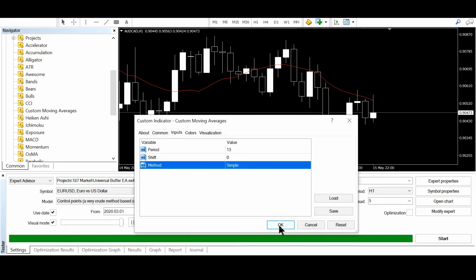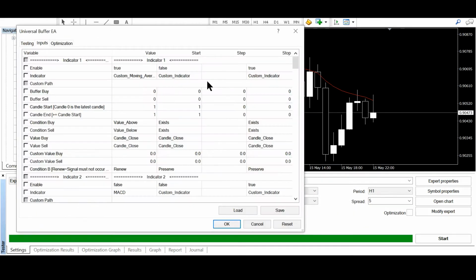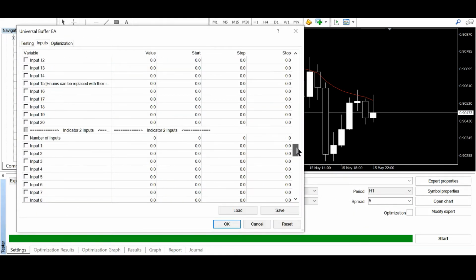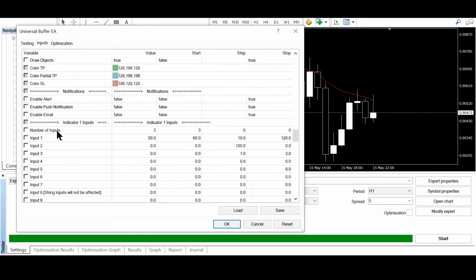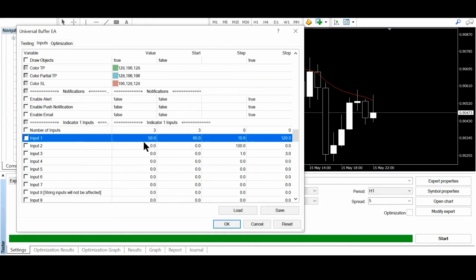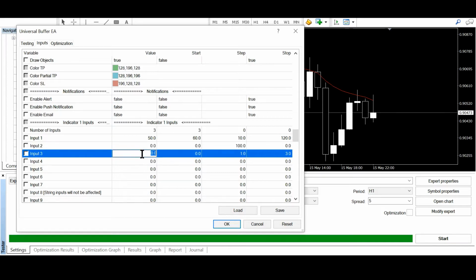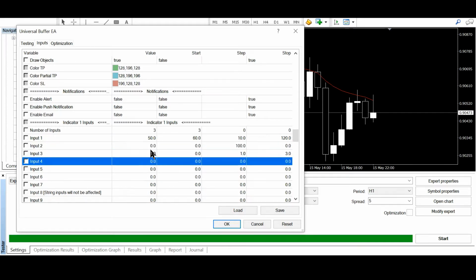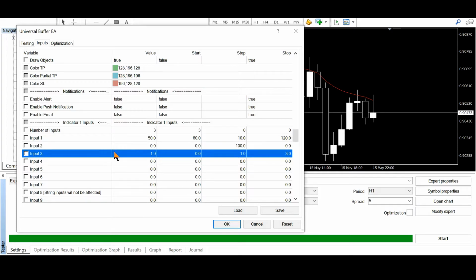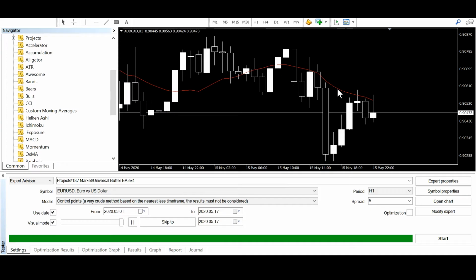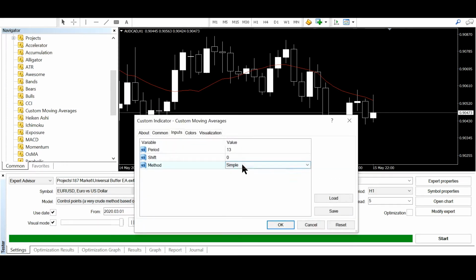So because I know that, I can go here and I can type in the inputs here. So I want the period of 50, and I want also an exponential moving average. This is at position 1 because it is an enumeration, and simple is equal to 0, exponential is equal to 1, and so on.